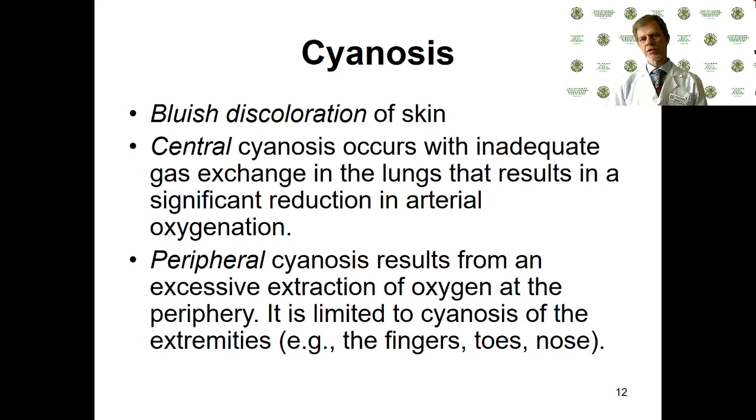Presence of all kinds of cyanosis tells us about severe condition of the patient, for example, with COVID-19 infection. One of the serious signs of COVID-19 infection is bluish discoloration of the skin, best seen in nails, lips, and nose.